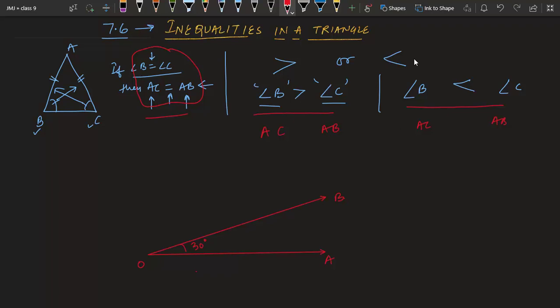So first let me take it as x equal to 30 degree, and join this AB. So, when you open this arm OB, you get this angle equal to 30 degree.